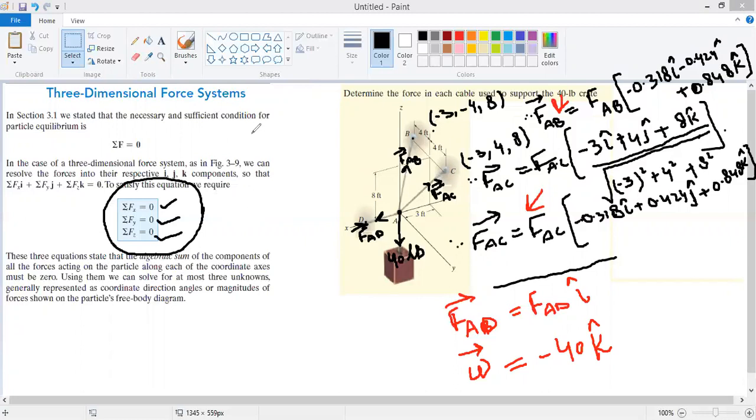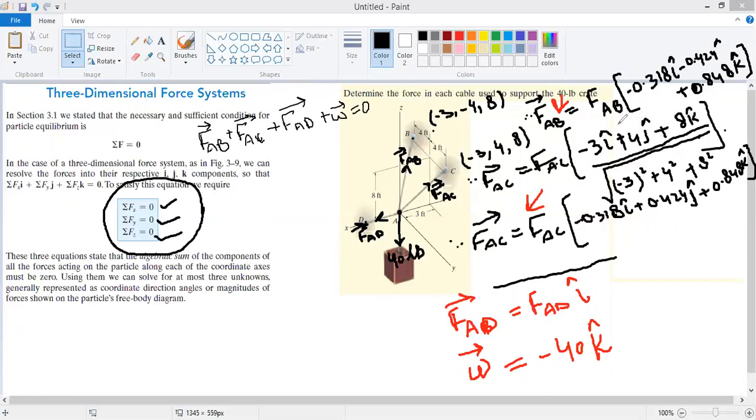The equilibrium equation says FAB plus FAC plus FAD plus the weight component W should be equal to 0. This is what equilibrium in 3 dimensions states.